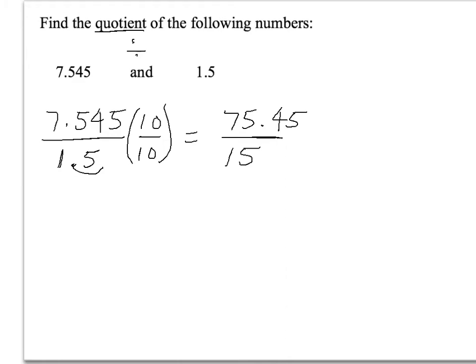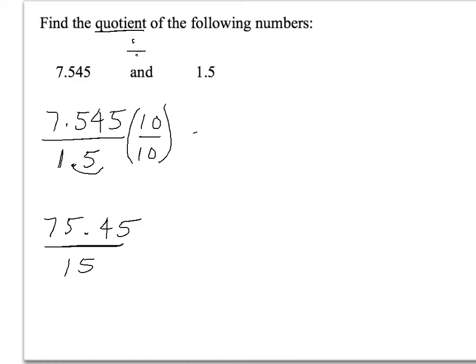Okay, so let me rewrite that. 75.45 divided by 15. I'll clean this up, give myself some more room. And then I'm going to rewrite some stuff using the long division box. Okay? Now, what goes on the inside? The number that's being divided.